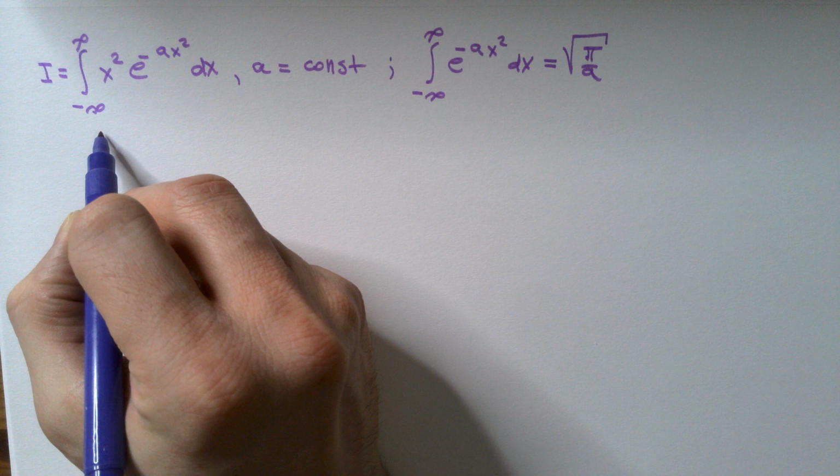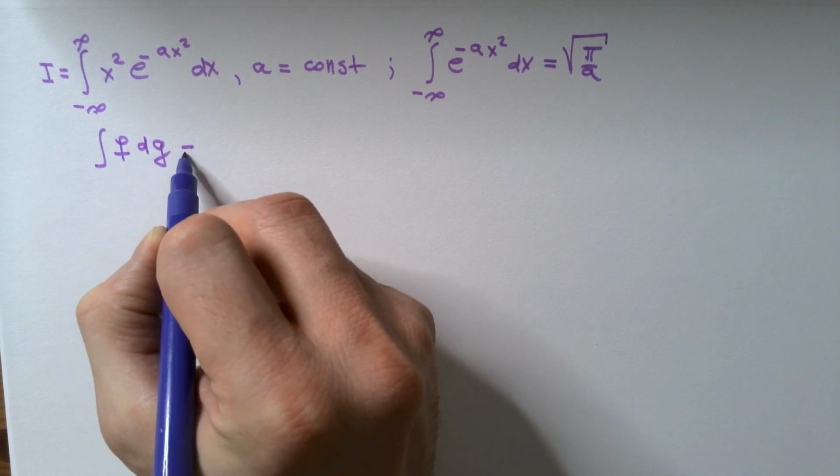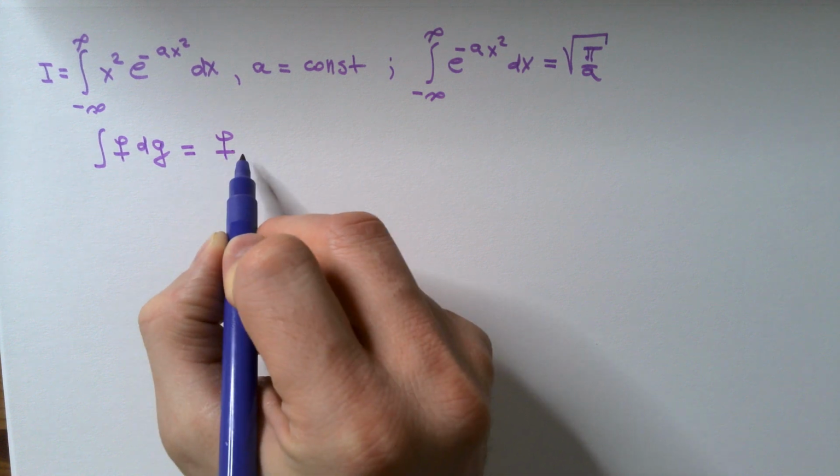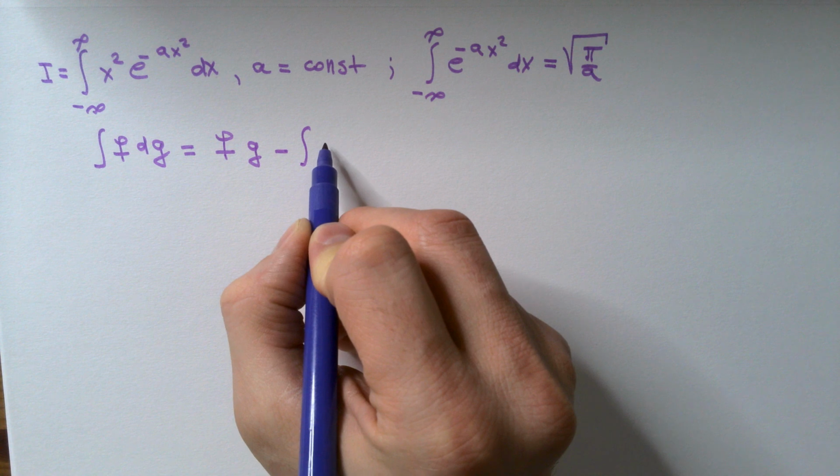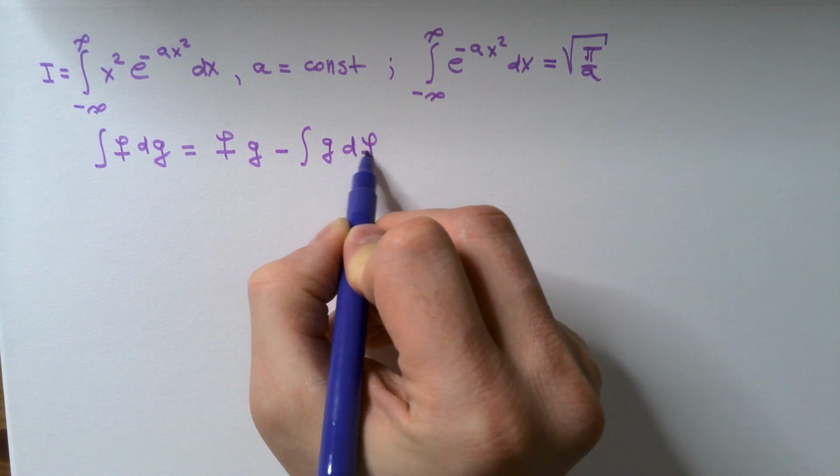Integration by parts says that the integral of f dg can be written as fg minus the integral of g df.